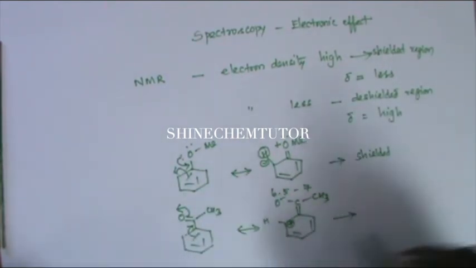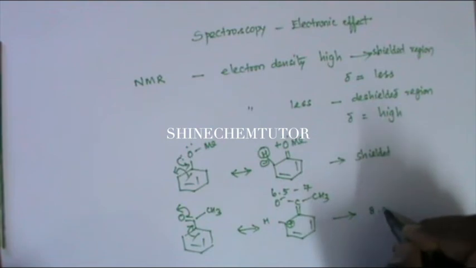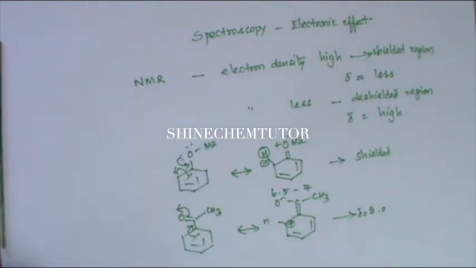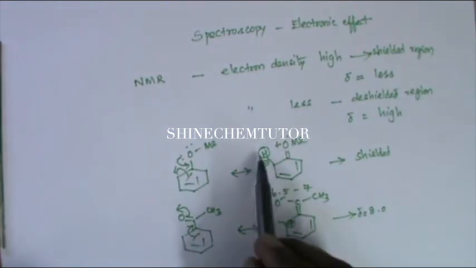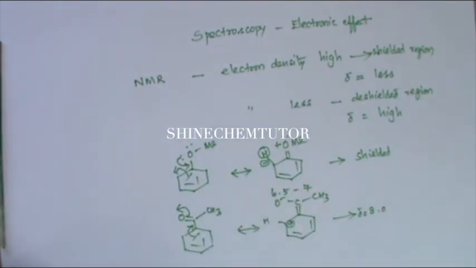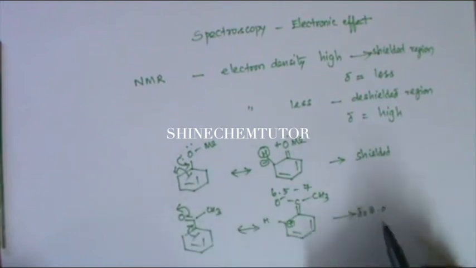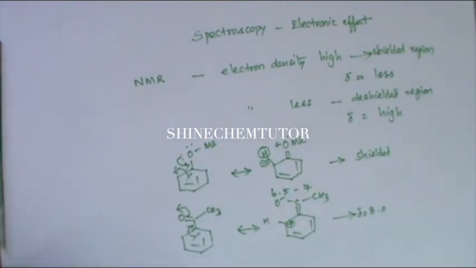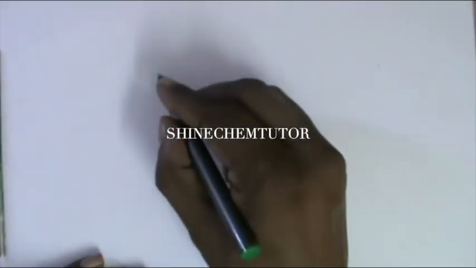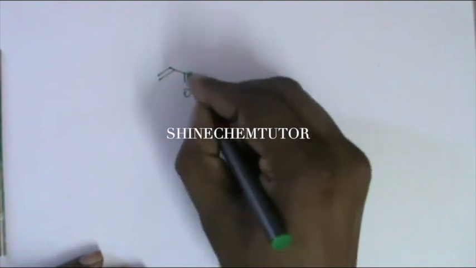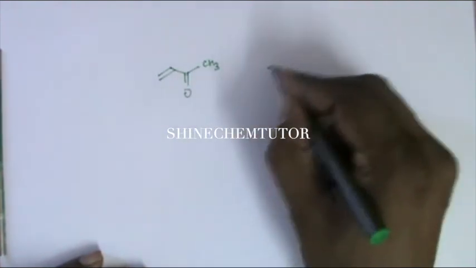So this particular proton will come around 8. Earlier, because of OMe, we got this proton at 6.5 to 7. But in the second case, it is around 8. You can observe the shift between 6.5 and 8.